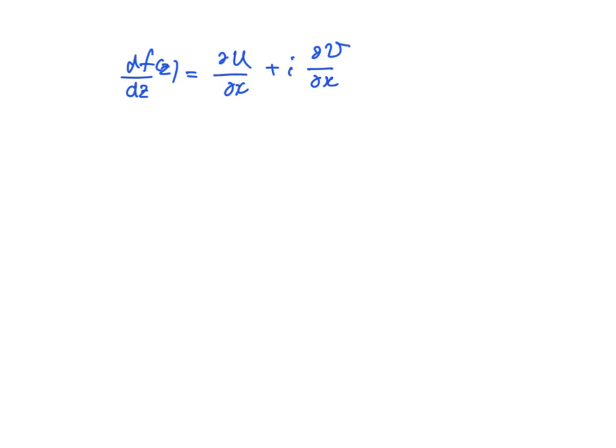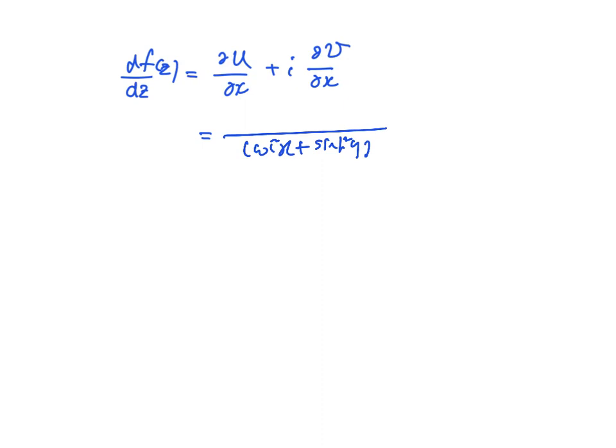So where was it? Partial x partial u was, let's go back. This is cosine square x plus sine hyperbolic square y, and we have a square or no?